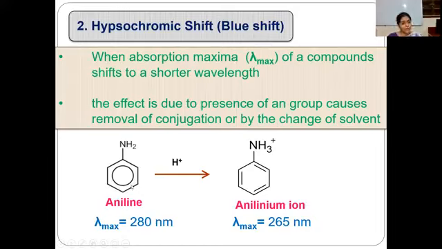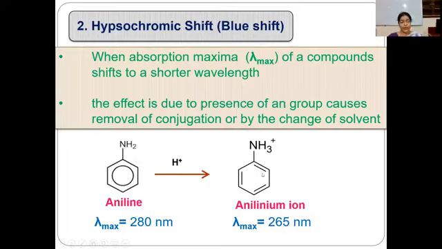That's why in neutral medium, when in aniline the NH2 group is as it is, it shows maximum absorption at 280 nanometer, and in acidic medium the NH2 group is converted into NH3 plus, aniline is converted into anilinium ion.